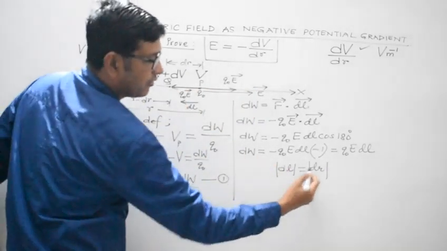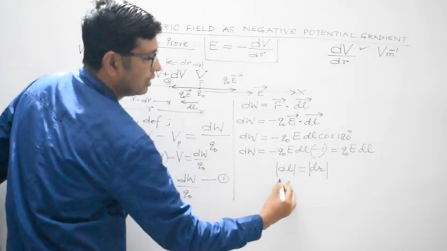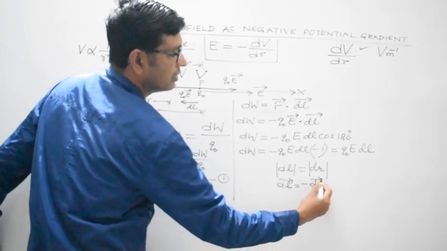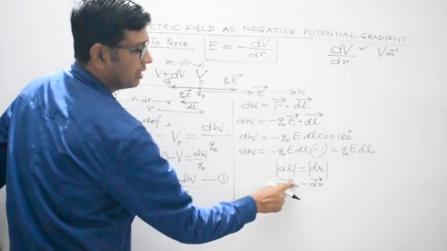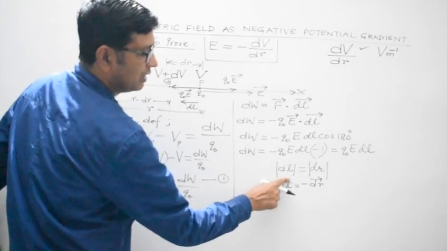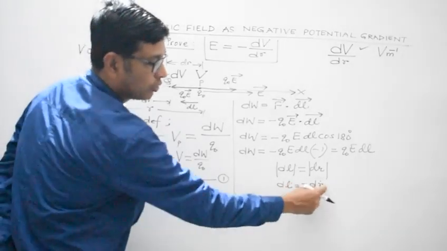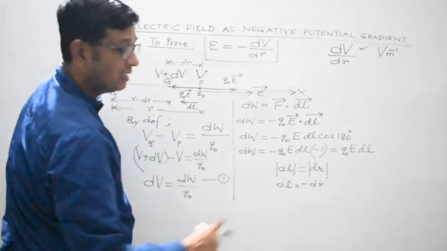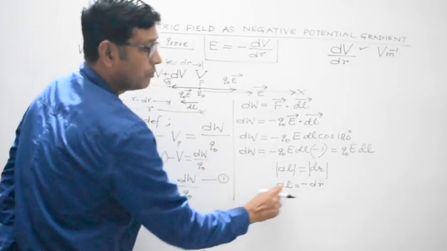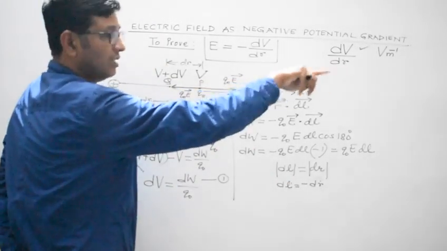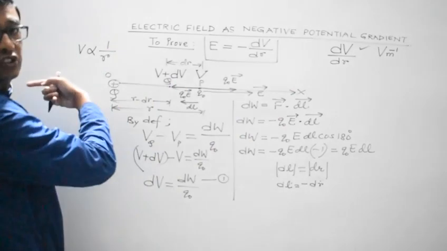That is in vector form, dl vector should be equal to minus dr vector. Or rather, you can write it like this only, dl is equal to minus dr. It simply represents both are of equal magnitude, and this negative sign signifies that both are measured in different directions. The increasing direction of r is towards the positive x axis, the displacement dl is towards the origin, opposite direction.